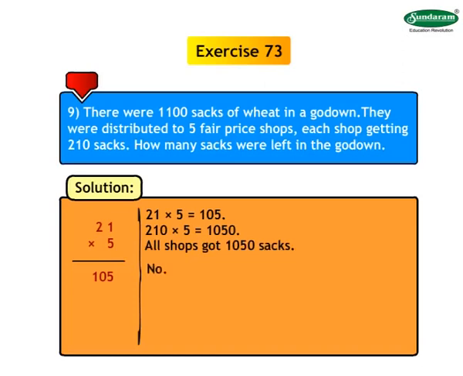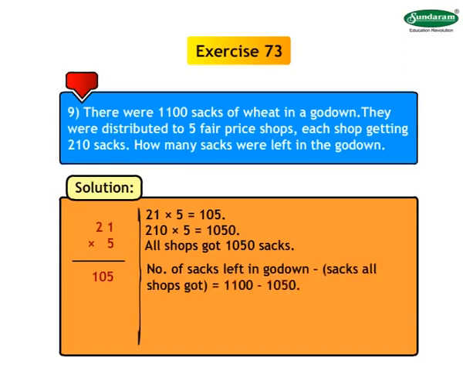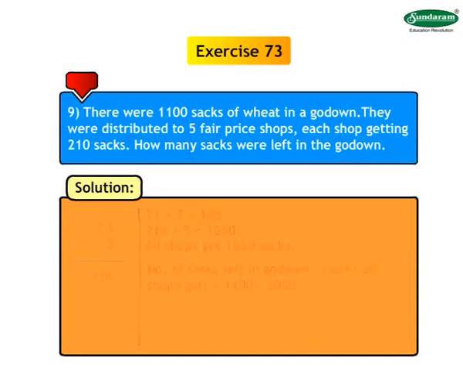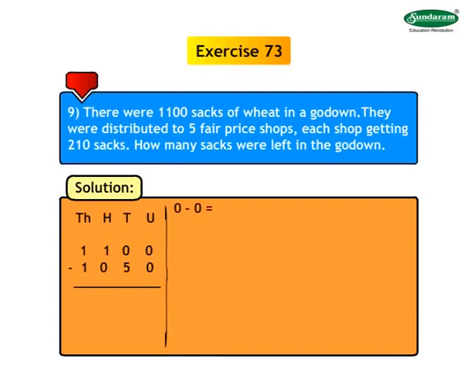Now, to find the number of sacks left in the godown, subtract sacks all the shops got from the total number of sacks in the godown, which is equal to 1100 minus 1050. Arrange the numbers. Starting from units place, 0 units minus 0 is equal to 0. Write 0 in units place of answer. Next, in tens place, we cannot subtract 5 from 0.